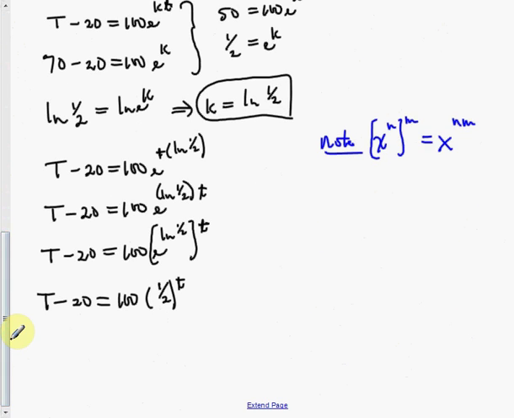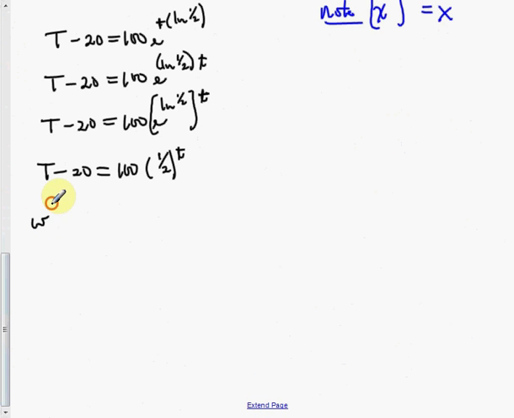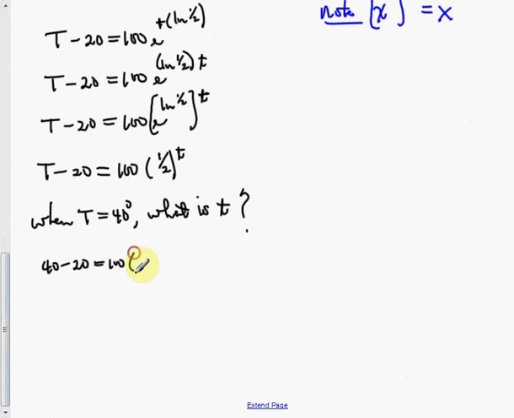So now, when the temperature is equal to 40 degrees, what is t? So we have 40 minus 20 is equal to 100 times 1/2 raised to the t.